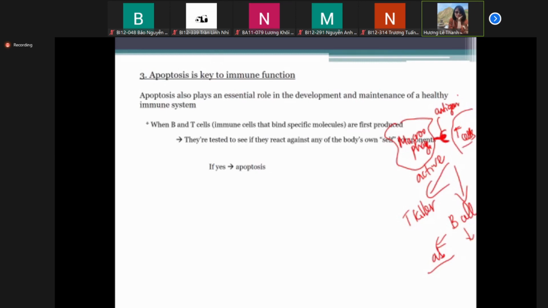If they attack, they need to die, because if they do not go through apoptosis, we have a problem with autoimmune conditions.